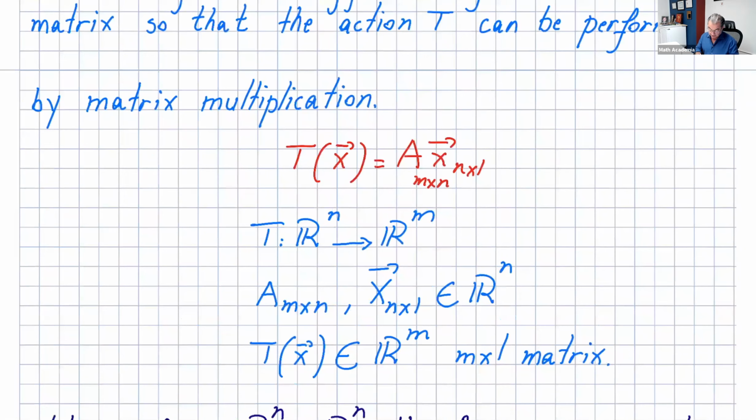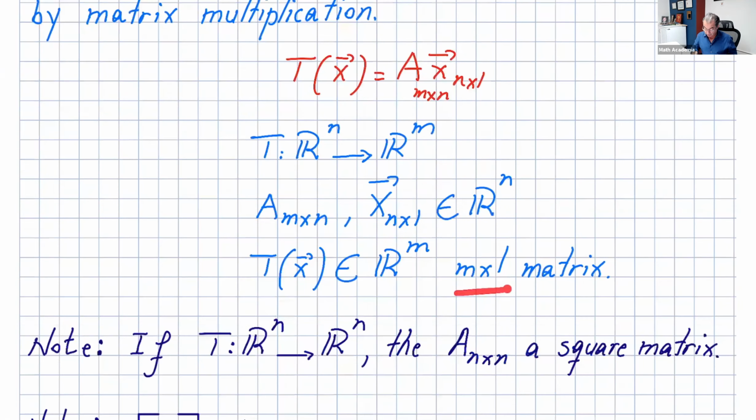Again, this is a transformation from Rn to Rm, so your matrix has to be an m by n matrix, m rows and n columns. The vector x is n by 1, and if you do the transformation, you get an m by 1 matrix.